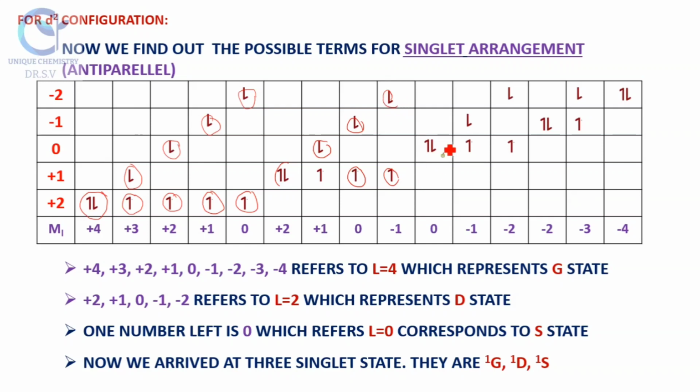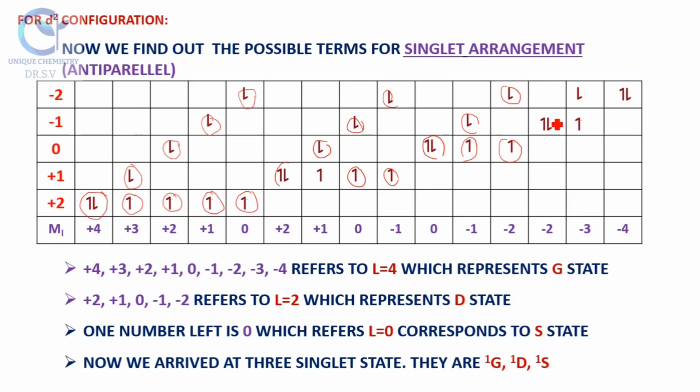Next we start from the ML level 0, ML equal to 0. The two electrons are anti-parallel in this same box. Keeping the first electron in the 0 level, the next electron goes to minus 1, and then to the minus 2 level.